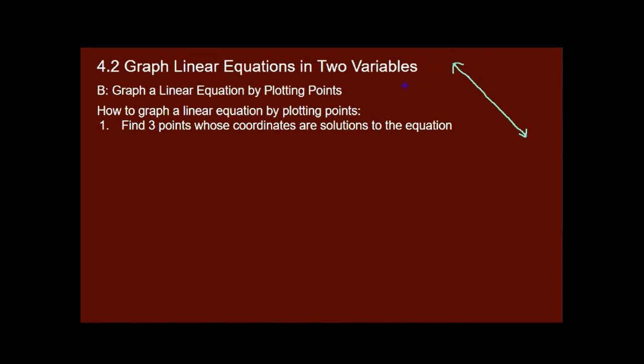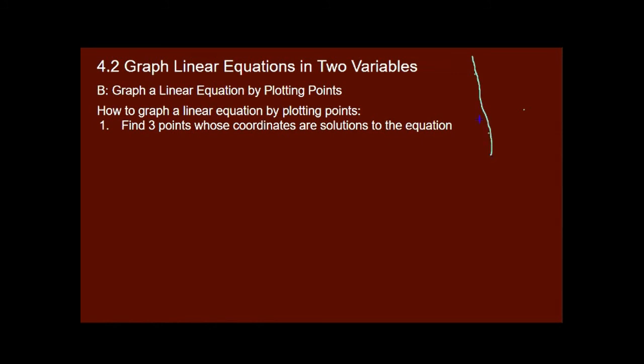I'm going to require you to find 3 points when you are graphing an equation this way, because that is going to help you check to make sure you did it right. If you find 1 point and it is a correct point, but then you find another point and it is an incorrect point, you still get a line and you will think that you found the correct answer. However, if you find 3 points, and they're not all in a line, I can't draw one straight line going through those points.